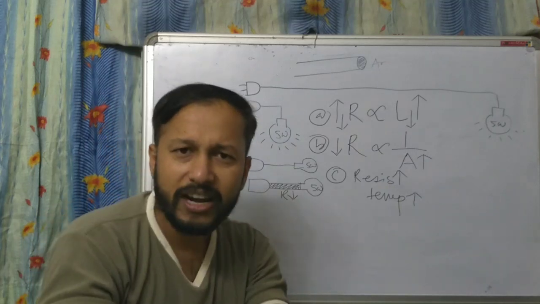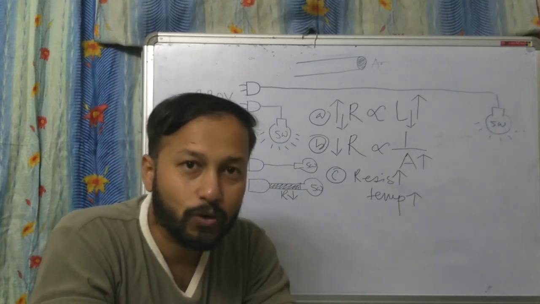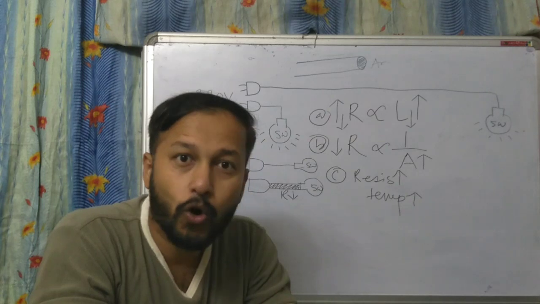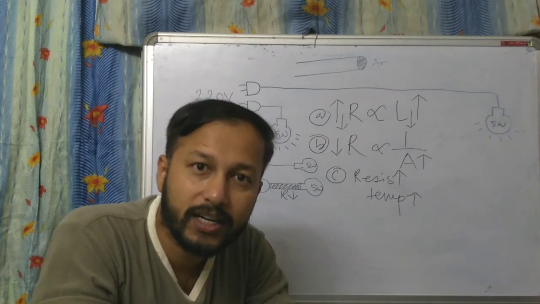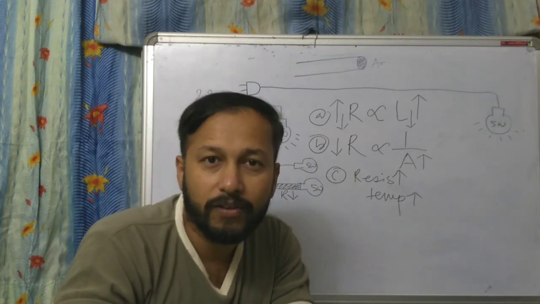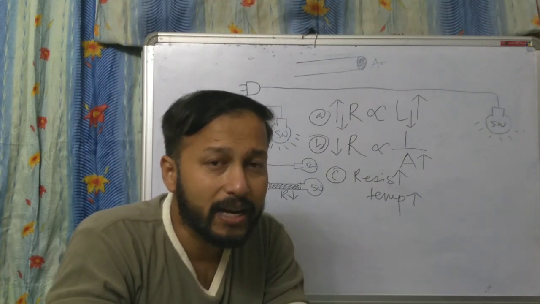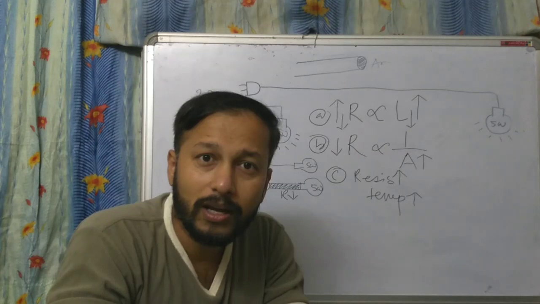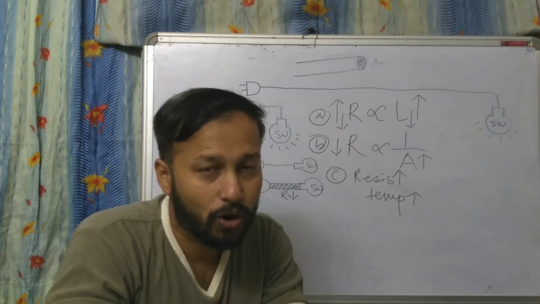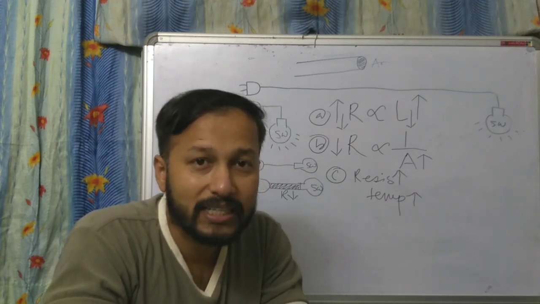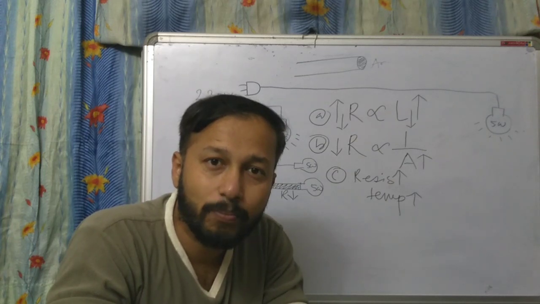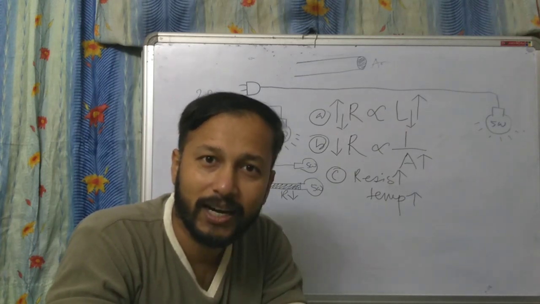So this is a very important question for your exam: what are the factors on which resistance of a conductor depends. Now if we elaborate the answer, first of all you have to write number A, resistance depends on length. How? If you increase length, resistance will also increase. So we can say that resistance is directly proportional to the length of the conductor.